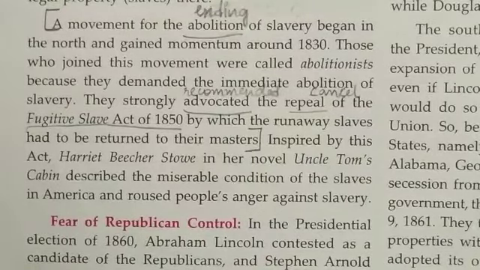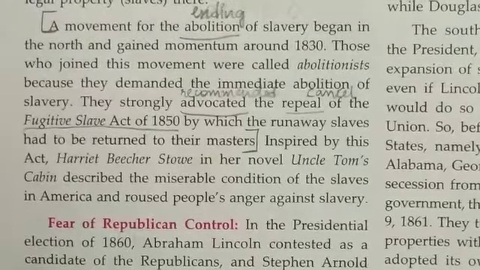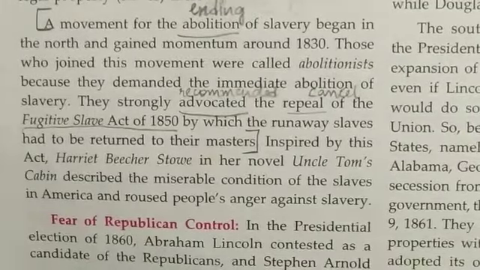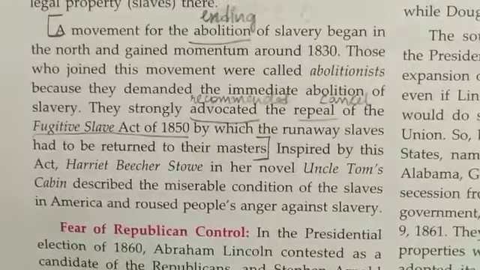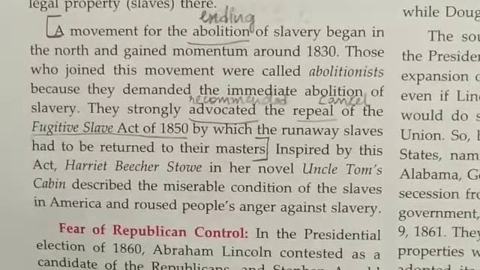And through this novel, through her writing, she was able to arouse people's anger against slavery. People began to rise and protest against slavery. So this is how territorial expansion led to the outbreak of the American Civil War.